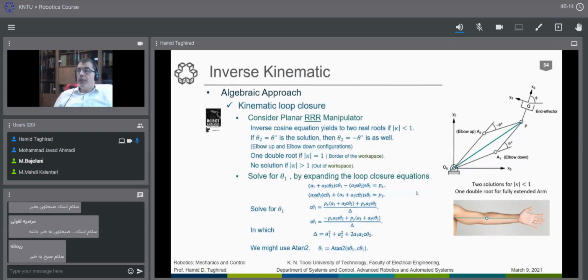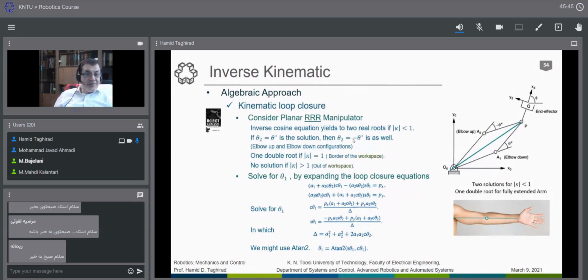Now, if kappa is smaller than 1, since we are using inverse cosine, we have a solution, but we have two solutions. Suppose, for example, 30 degrees is a solution, theta star is the solution for theta 2 equal to inverse cosine of kappa, then theta 2 equal to minus theta star is also a solution.